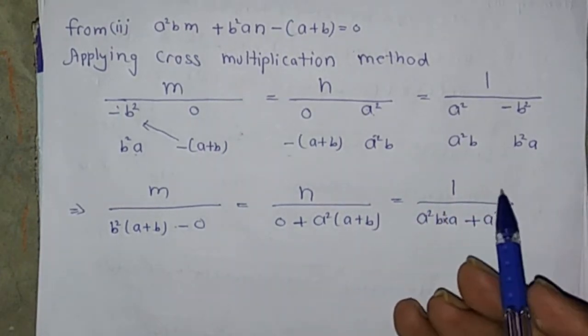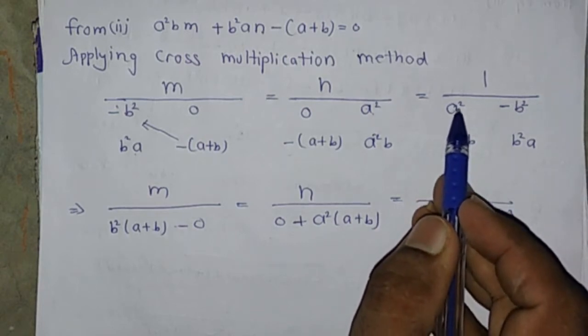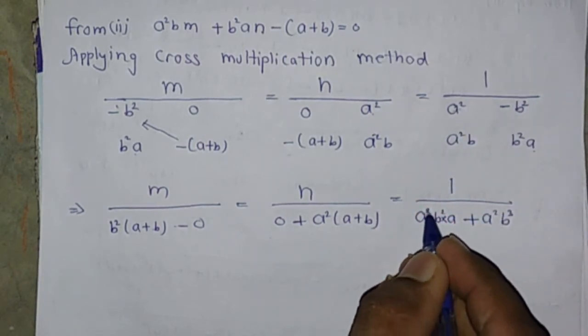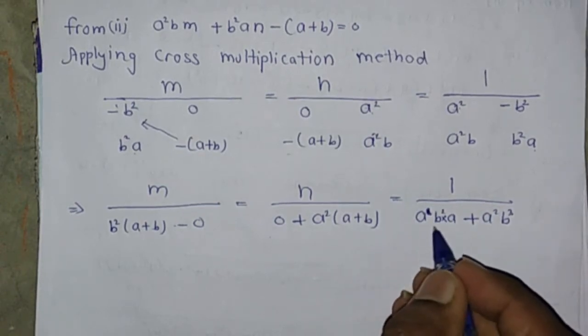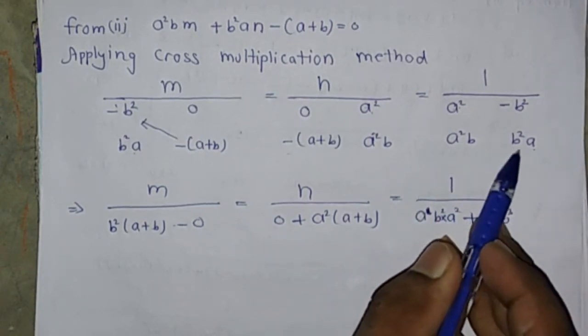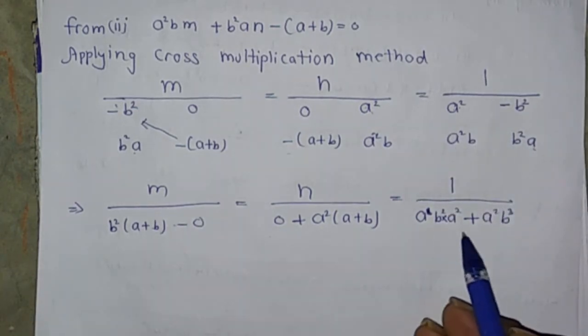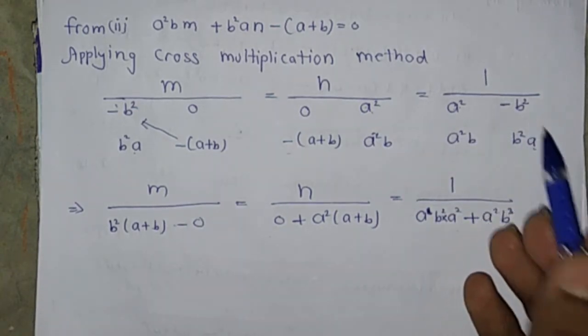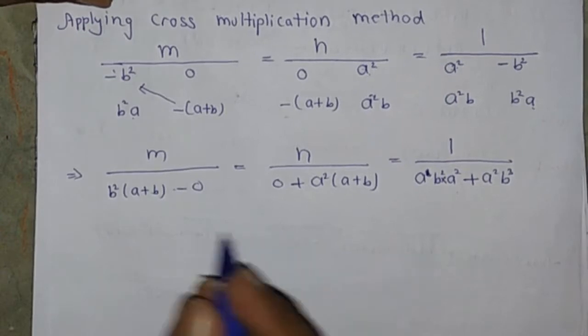A square into b square a, then a b square into a square, and a square b into b square, which is a square b square.